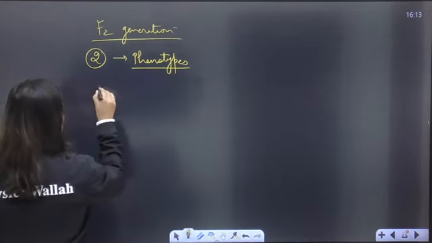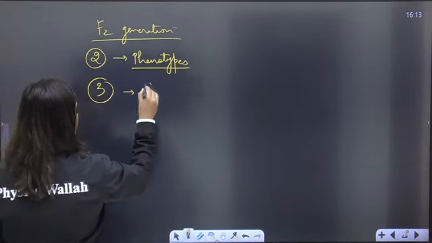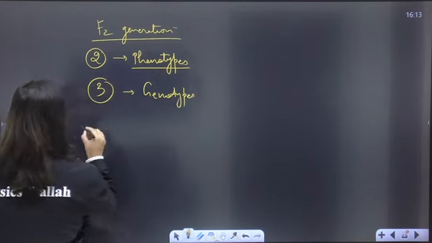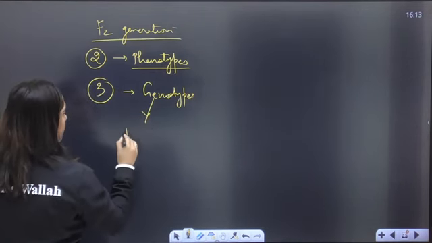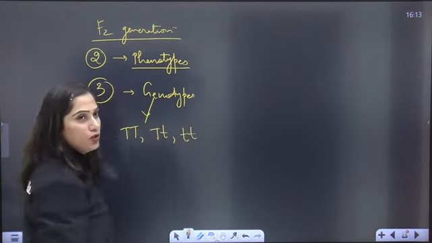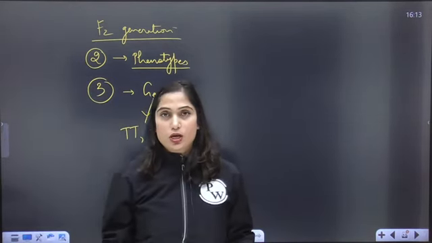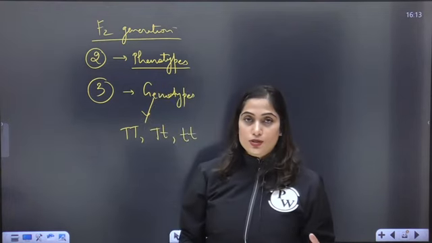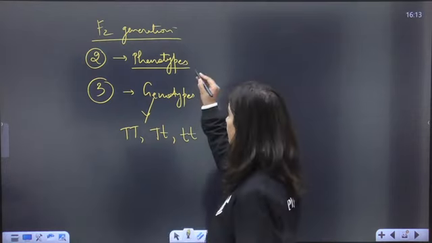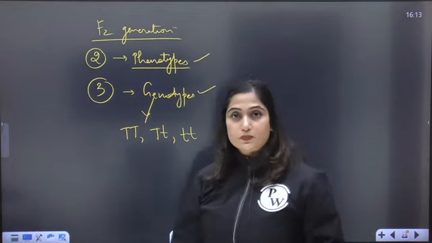And how many genotypes? The genotypes are 3: capital TT, capital Tt, and small tt. So this is a direct question which comes: in a monohybrid cross in the F2 generation, how many genotypes and phenotypes are possible? Then 2 phenotypes and 3 genotypes.